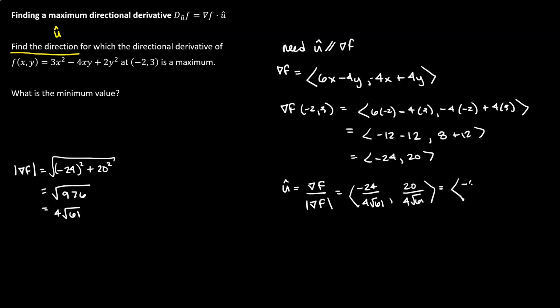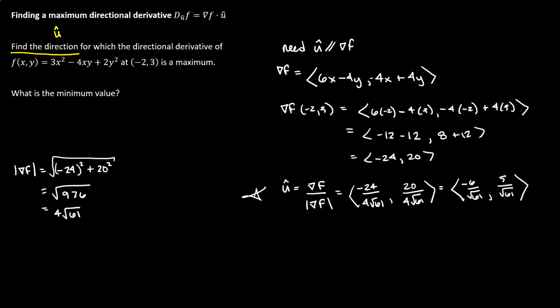Let's go ahead and do that. We get negative 6 over root 61 for the x component, and then 5 over root 61 for the y component. Now, I'm not going to rationalize this because it's just numbers, it's not a function, and in my opinion, there's no need to rationalize this, so I'm not going to, but if you want to, feel free.